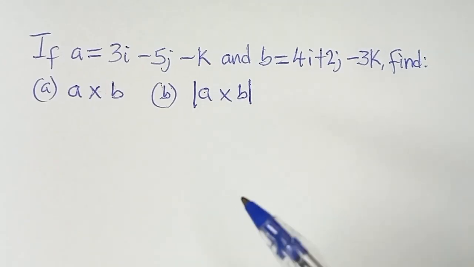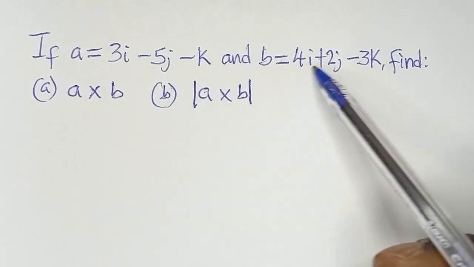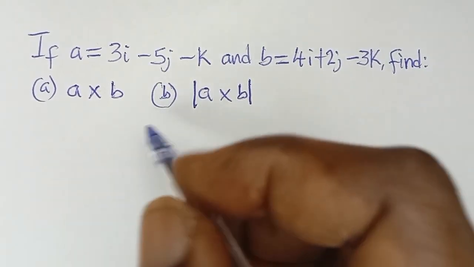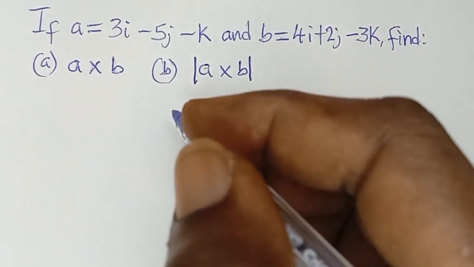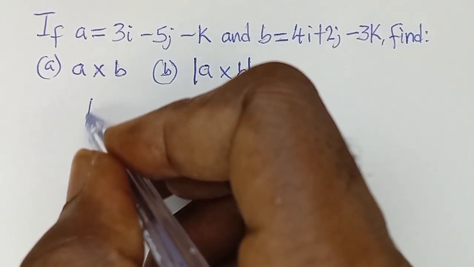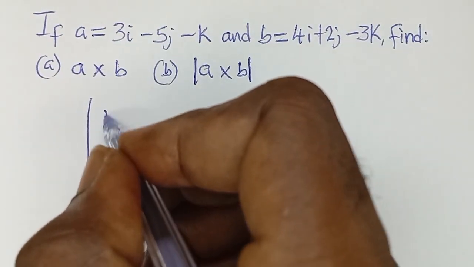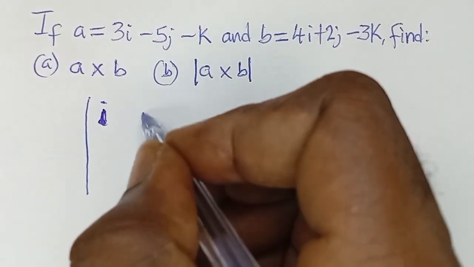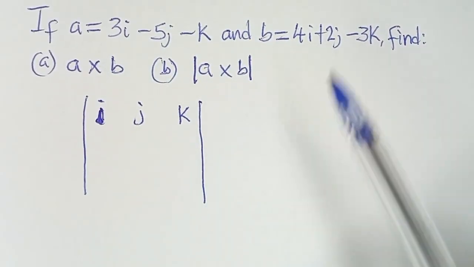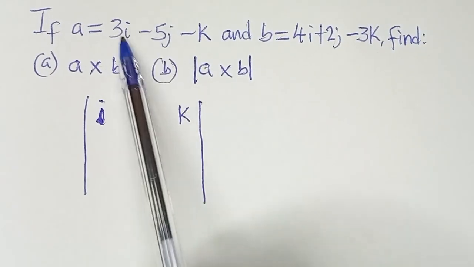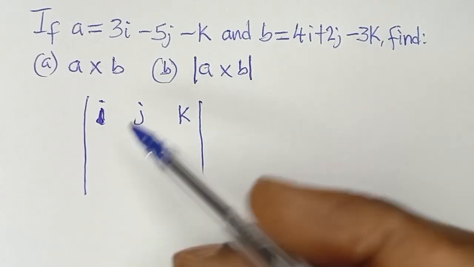Now, for us to do this, we first of all arrange these vectors in matrix form. To arrange the vectors in matrix form, what we are simply going to do is to open up a matrix like this. Let me draw a line. The letters I, J, K start the matrix. This is I, this is J, and this is K. And then we arrange the coefficients of I, J, and K in the next row.